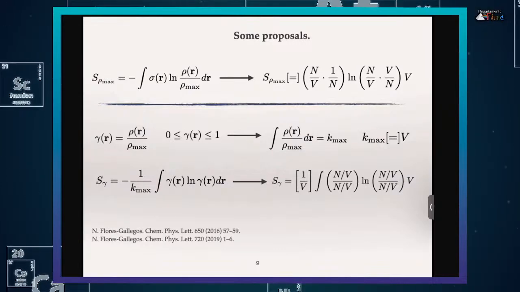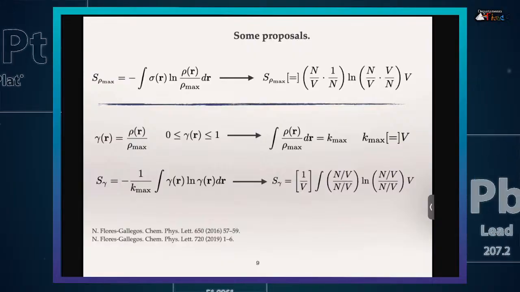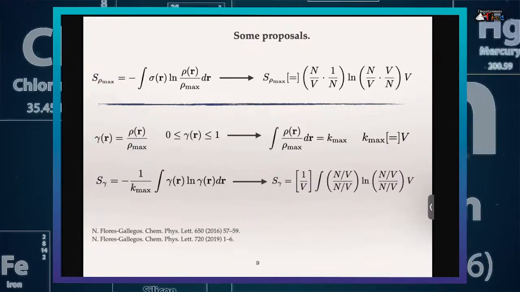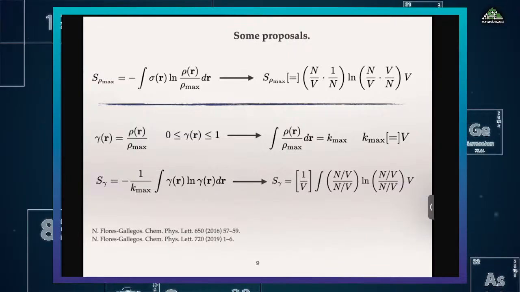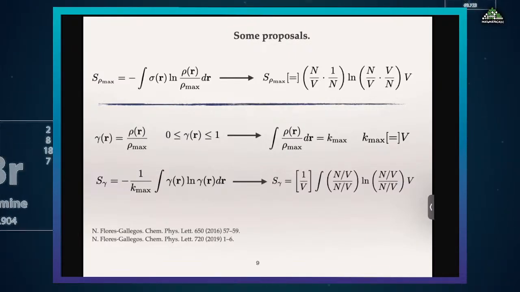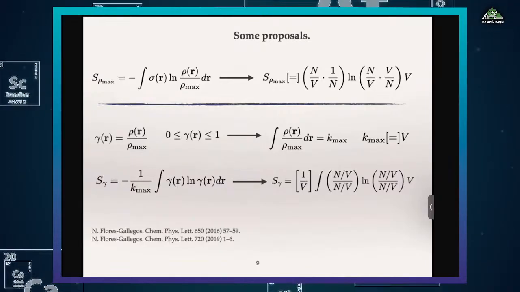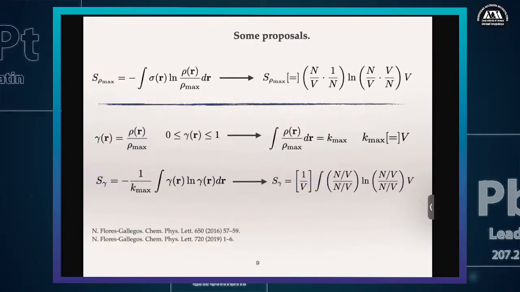So the other expression that we recently proposed is to divide, or renormalize, the electron density by rho max in the following way, such that we obtain the following expression.